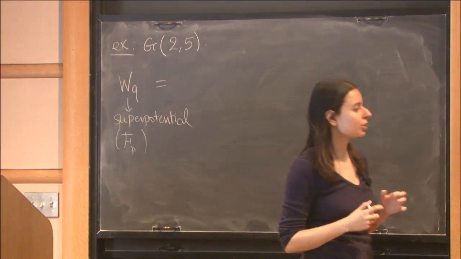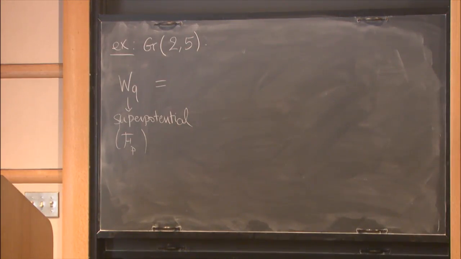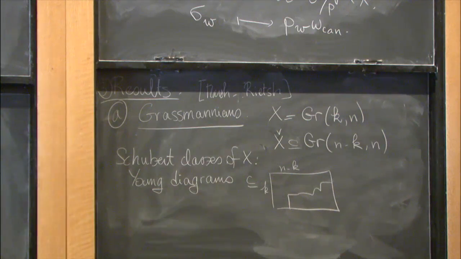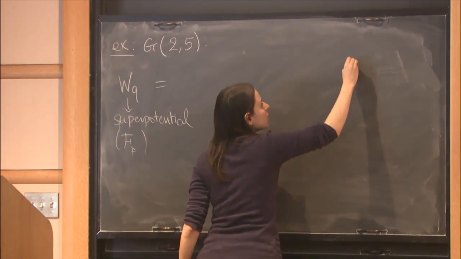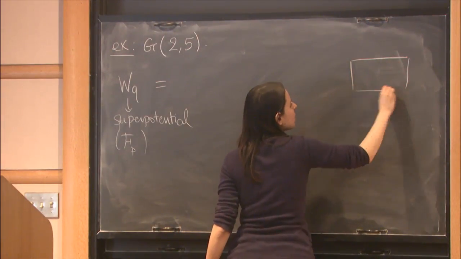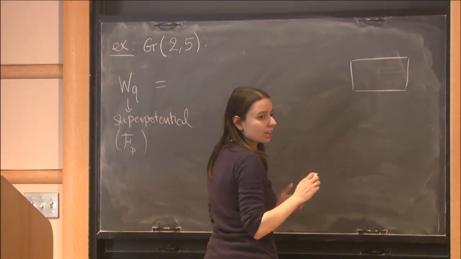Among the partitions contained in a 2x3 rectangle, you have some that are maximal in one of the dimensions, so that they correspond to the cyclically ordered sets.